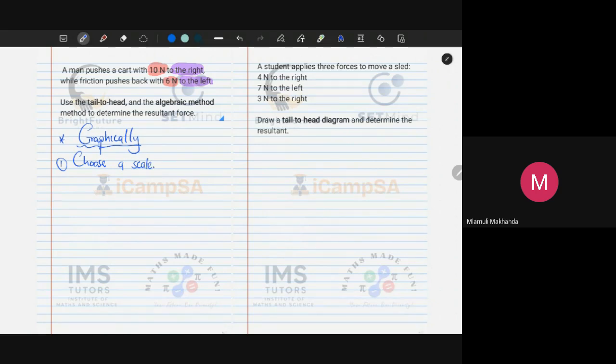What that means is, if you go to your ruler, which is about 30 centimeters long, because you draw these arrows with a ruler, let's say this is your ruler.